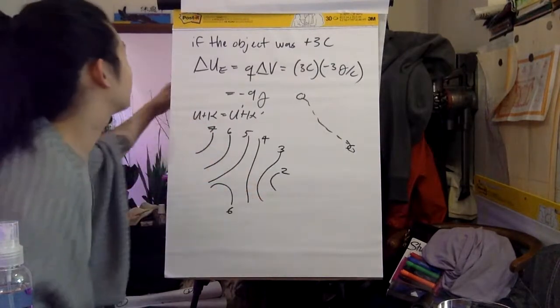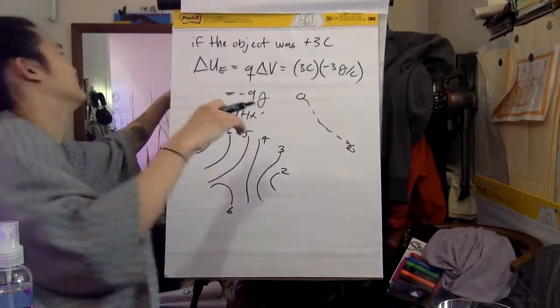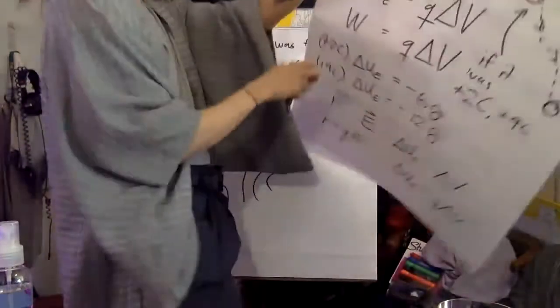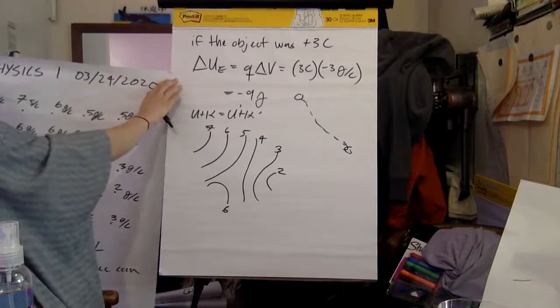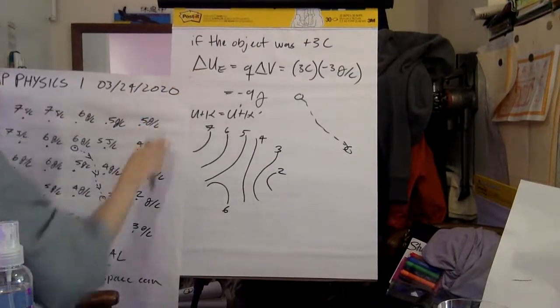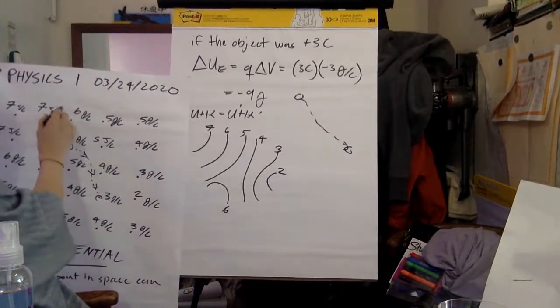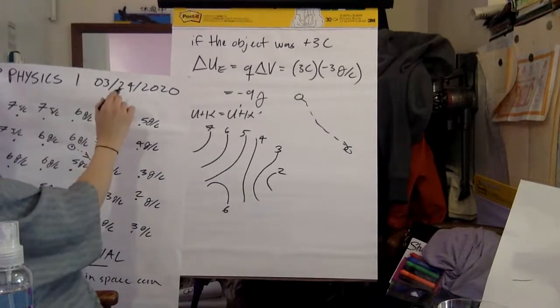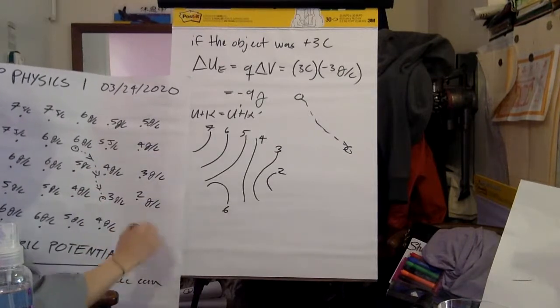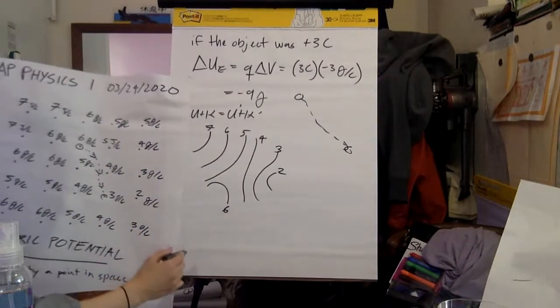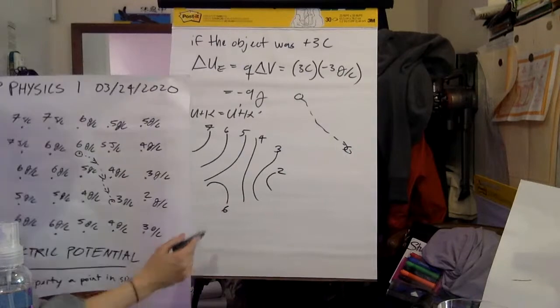So if you look at the very first thing we drew, it's the same thing. I have a region of 7, 6, 5, goes back to 6, 4, 3, 2. Okay?